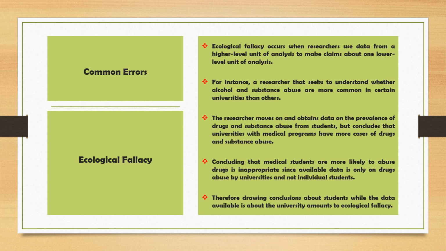The researcher may obtain data on the prevalence of drugs and substance abuse from individual students, but then goes ahead to conclude that universities, say with medical programs, have more cases of drugs and substance abuse. In that case, they might conclude that medical students are more likely to abuse drugs.